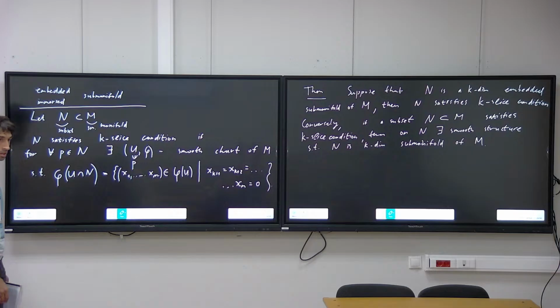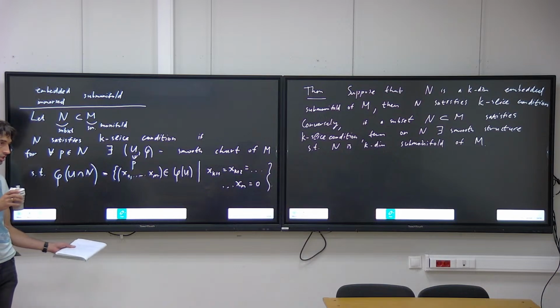But why is this a necessary condition for being a submanifold? Can it be the situation where the charts are a little bit different, so in every chart this doesn't have zero coordinates starting from k plus 1? Well, if you have a submanifold, you can always find such charts.